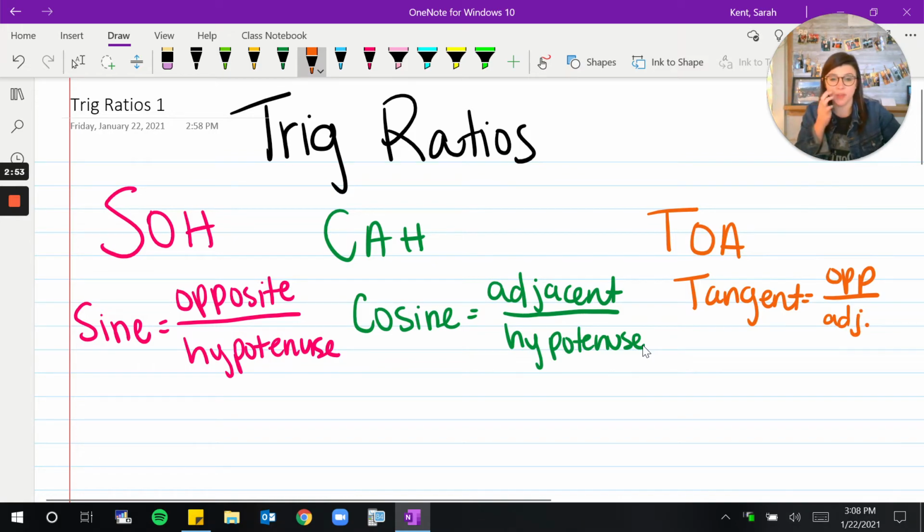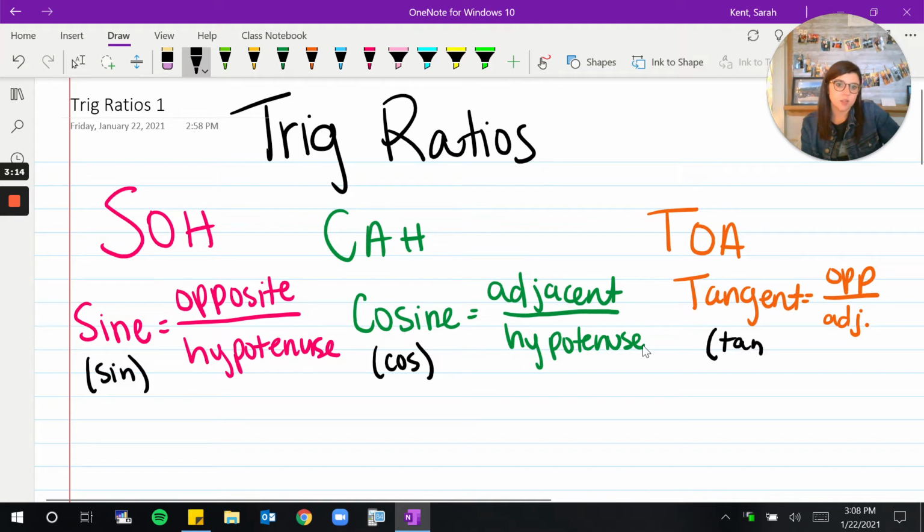I'm going to abbreviate those so it takes up less space. So all of these, you'll see shortened. Sine, you'll see it'll look like sin, S-I-N, but it's still sine. Cosine will be just C-O-S, the first three letters. And tangent, you will see as tan.